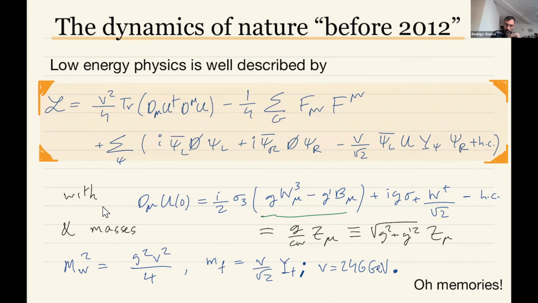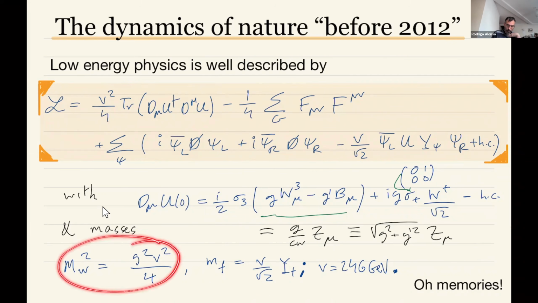Excuse me, and then there's the W plus and minus bosons that we write here in terms of the latter term, which is just 1, 1, 0, 0. That guy there. And you expand the kinetic term of the Goldstone bosons starting with this term in the series, and you obtain masses for the Z and the W.